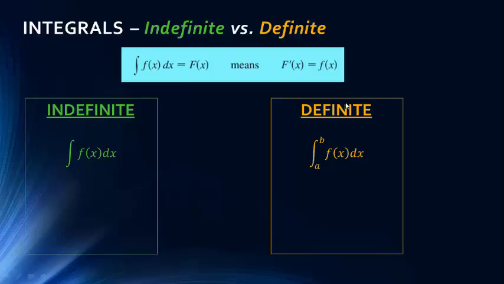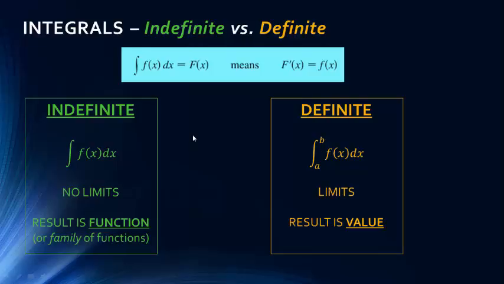A definite integral has values on the integral sign. Indefinite, no values. Definite, limits or values. These are called the limits because we're going from x equals a to x equals b.